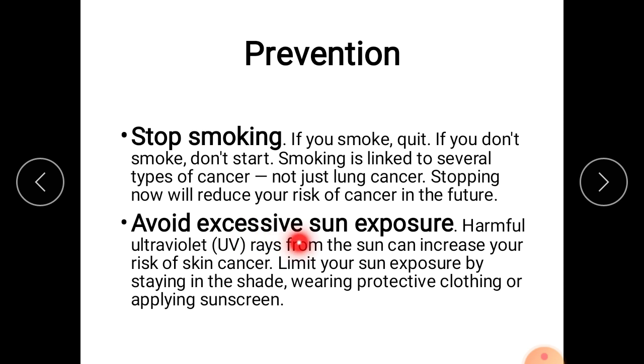Avoid excessive sun exposure. Harmful ultraviolet rays from the sun can increase your risk of skin cancer. With exposure to ultraviolet rays, our body may get skin cancer. Limit your sun exposure by staying in the shade, wearing protective clothing, or applying sunscreen.